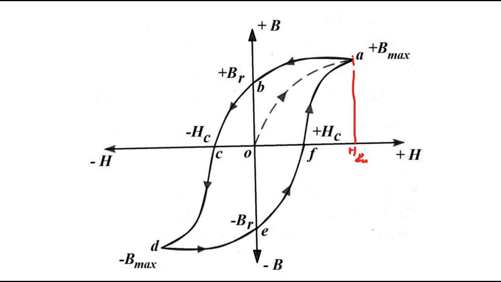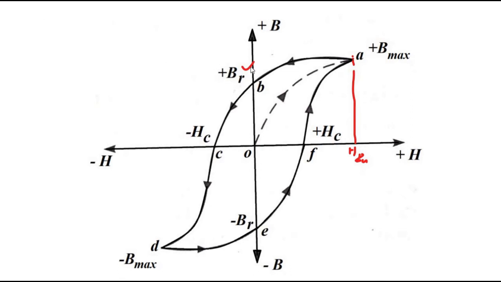Another interesting point here is that when at this point the magnetic force is 0, the magnetic flux density in the material is not 0. It has this value BR, which means some amount of residual magnetism is there.